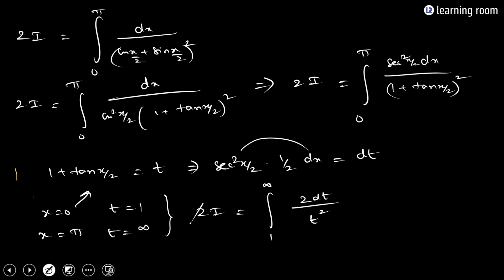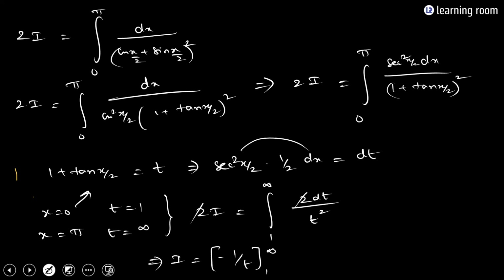So this 2 and that 2 will get cancelled, which implies I will be equal to integral of 1 to infinity dt by t square. Integral will be, so I will be equal to minus 1 by t from 1 to infinity.